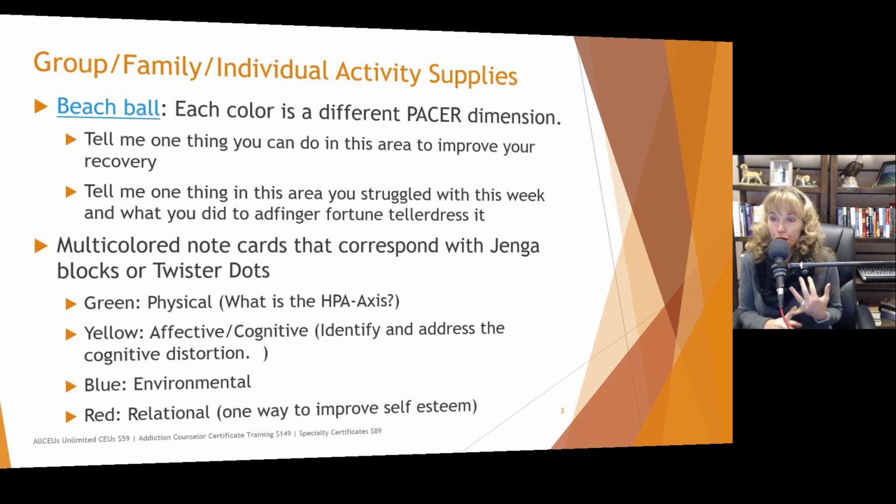Physical could be green, yellow could be affective or cognitive, blue is environmental, and red is relational. So with those multicolored note cards, if you're doing Jenga, they will be looking at the tower and they'll decide which block they want to pull out. But before they can pull that block out, they need to answer a question corresponding to that block color.